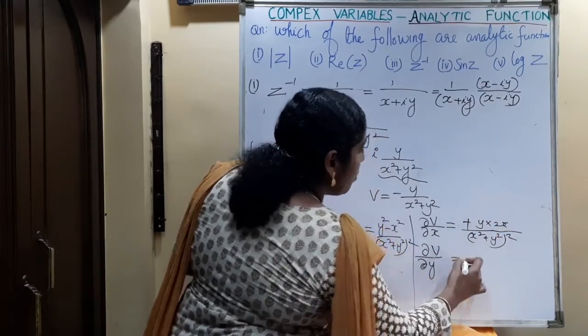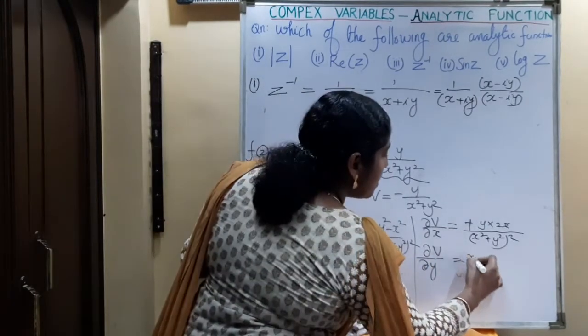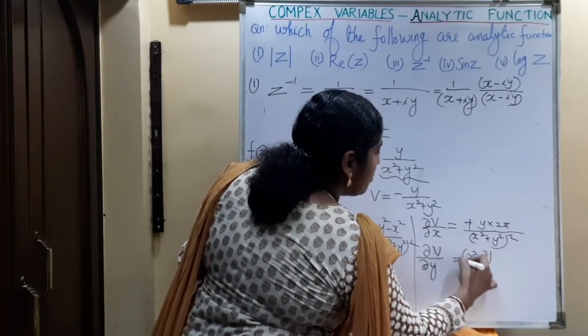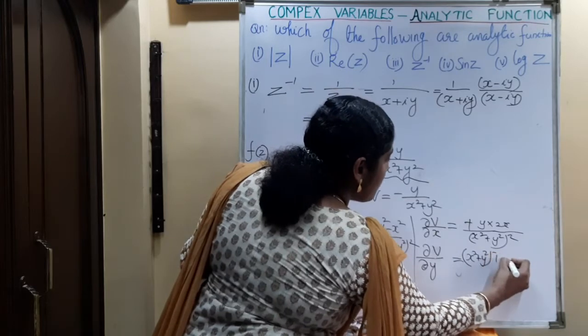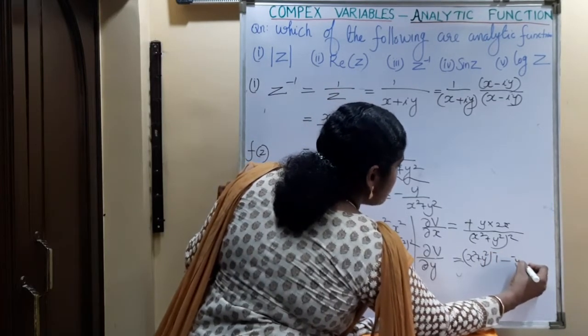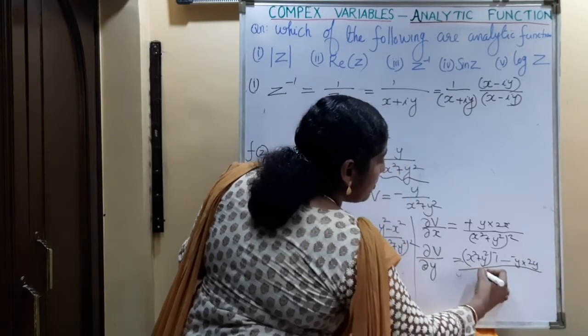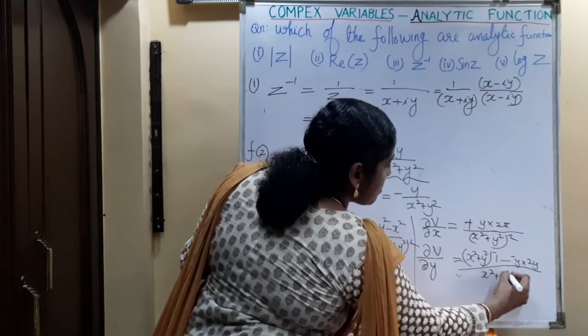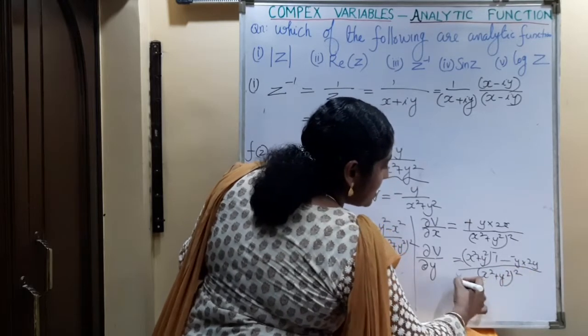Okay, and here dou V by dou Y is X square plus Y square into derivative of numerator, which is minus 1, minus numerator into derivative of denominator, that is 2Y, divided by denominator square, that is X square plus Y square all square. So what we are getting here?